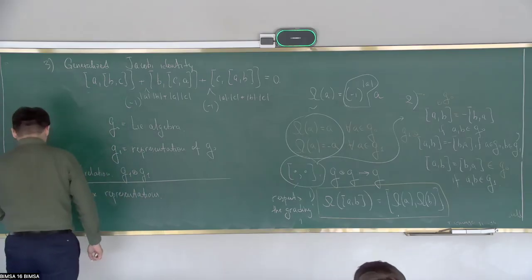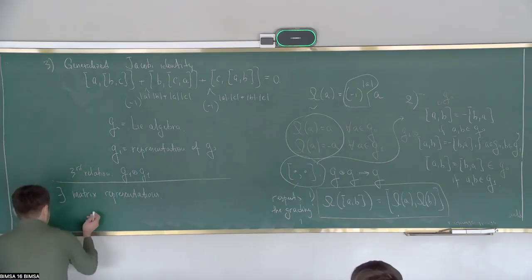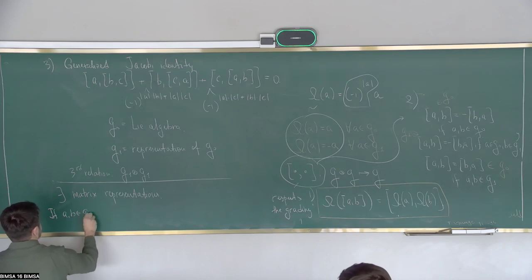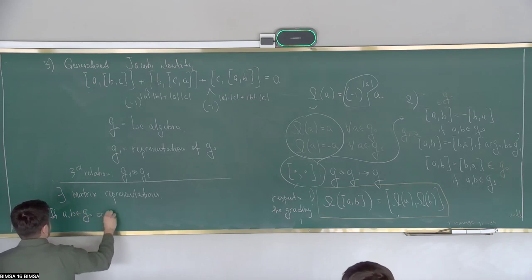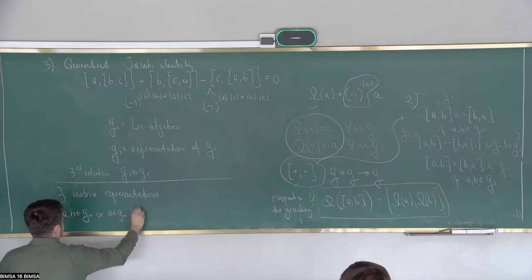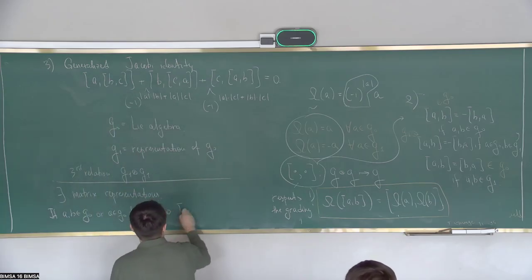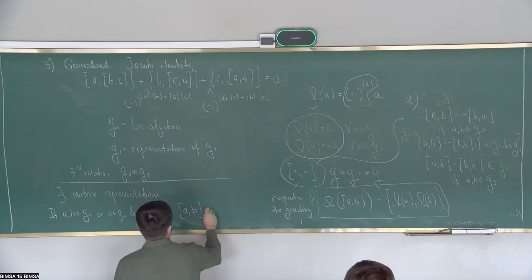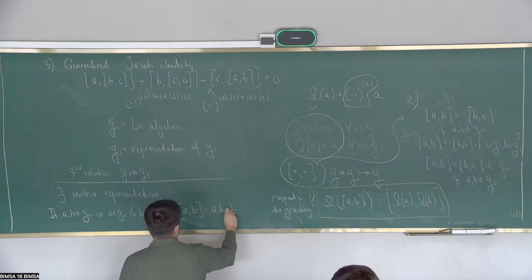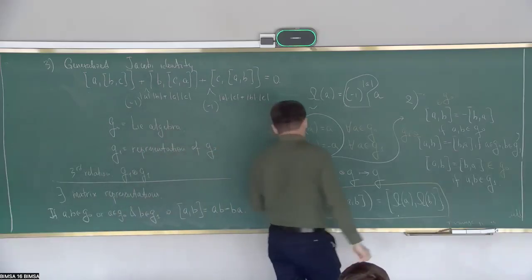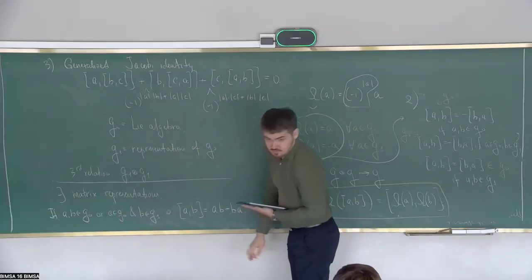For example, if A belongs to G0 and B belongs to G0, or A belongs to G0 and B belongs to G1, then the brackets, the actual brackets that we defined, can be thought of as this commutator AB minus BA, where you just think of A and B as matrices.